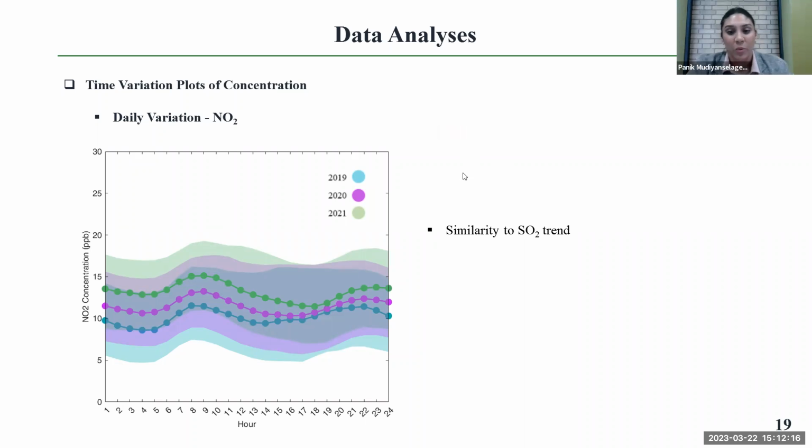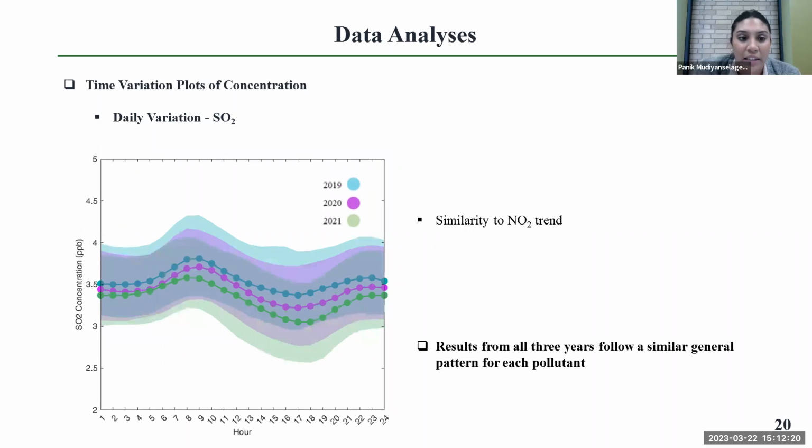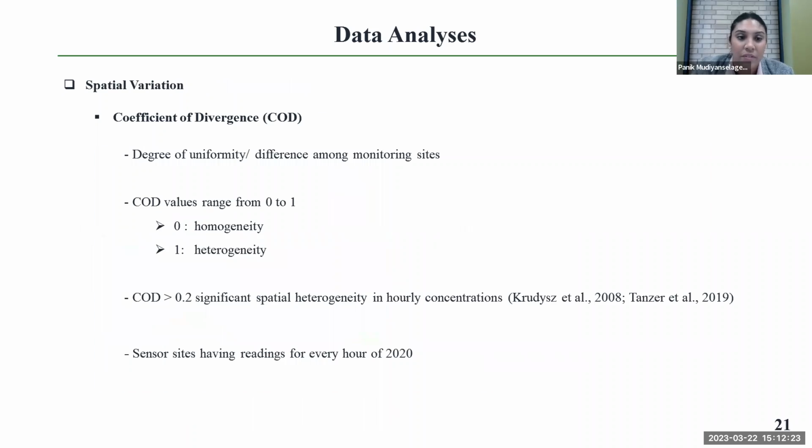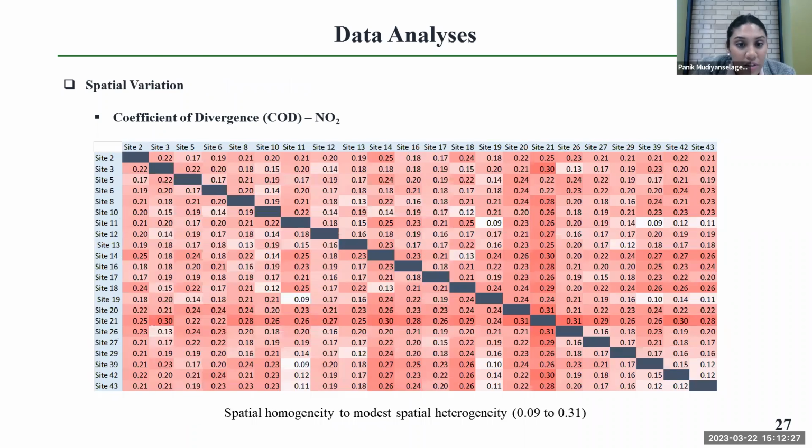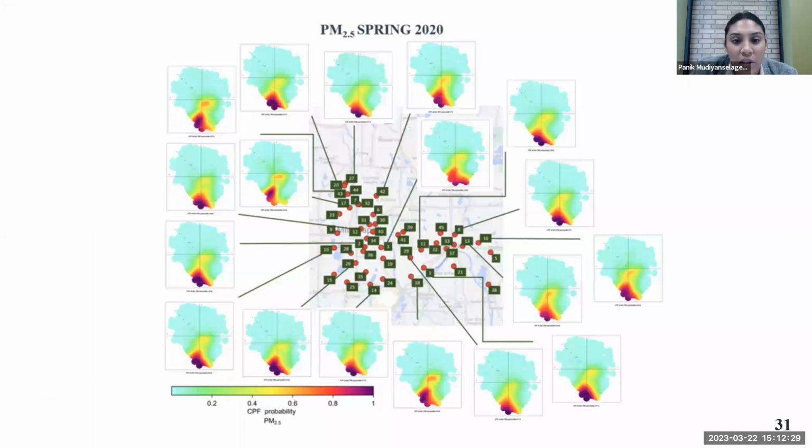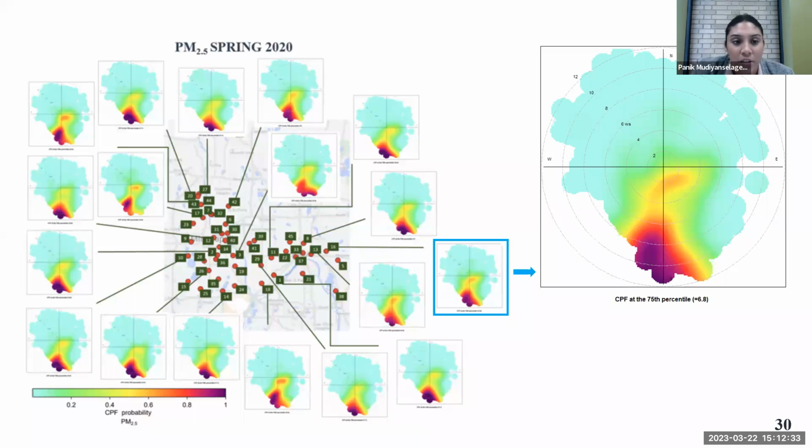I think we can do similarly to what we did here and look at the daily variations. They could use the coefficient of divergence to see spatial variability. Basically all of these data analysis techniques, especially the CBPF plots, might be extremely beneficial, especially if you have a clear idea of the region and the sources there.